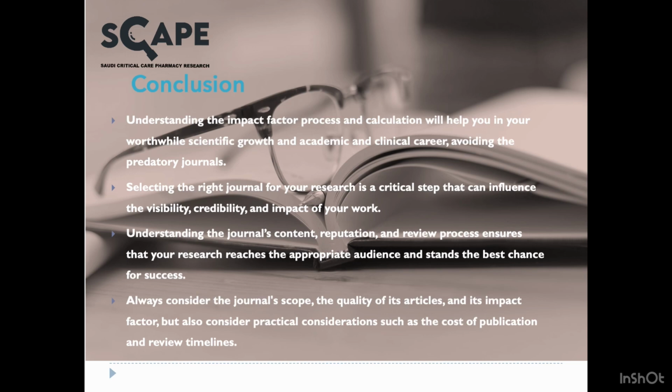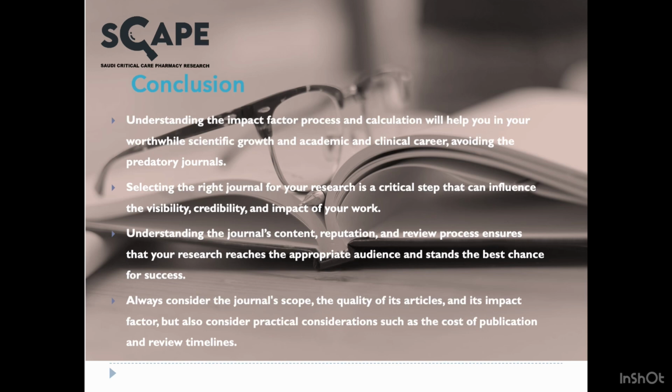Selecting the right journal for your research is a critical step that can influence the feasibility, credibility, and impact of your work. Understanding the journal's content, reputation, and review process ensures that your research is appropriate for the audience and gives it the best chance for success. Always consider the journal's scope, the quality of the articles published in this journal, and the impact factor.